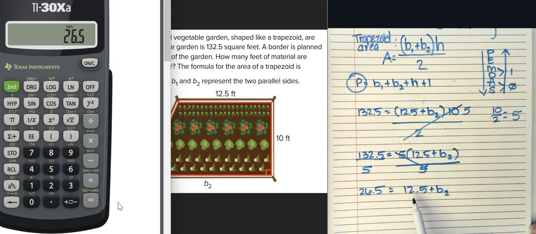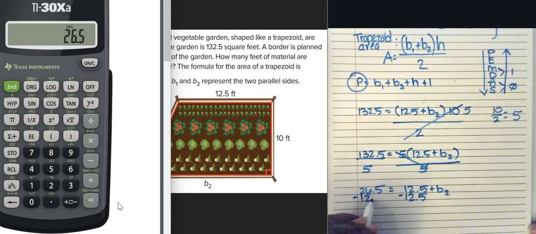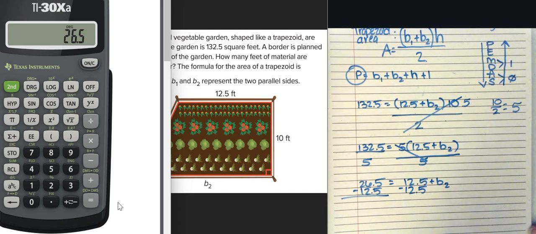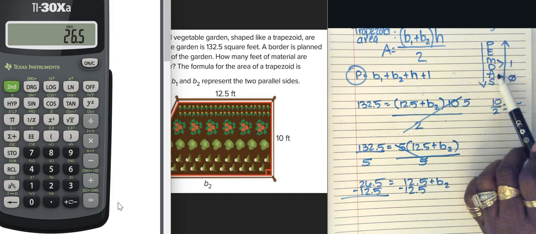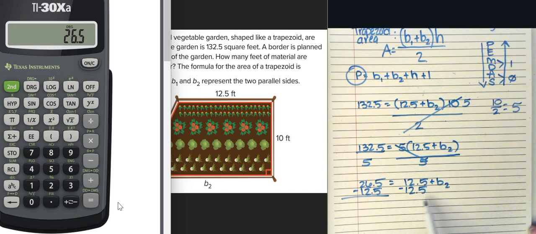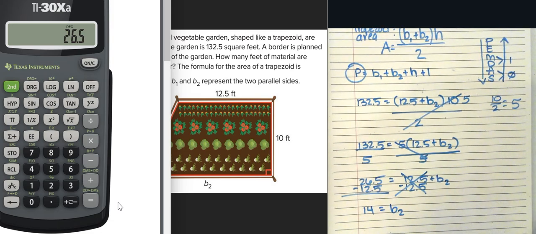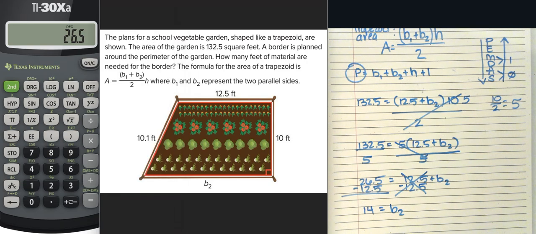We're adding 12.5, so I need to undo that by subtracting 12.5 from both sides. Remember, we need the side with the variable to become 0 for the number we're adding. So we have 26.5 minus 12.5, which gives me 14, and that is equal to 12.5 minus 12.5 canceling out, and we're left with the result for base 2. So base 2 is equal to 14.